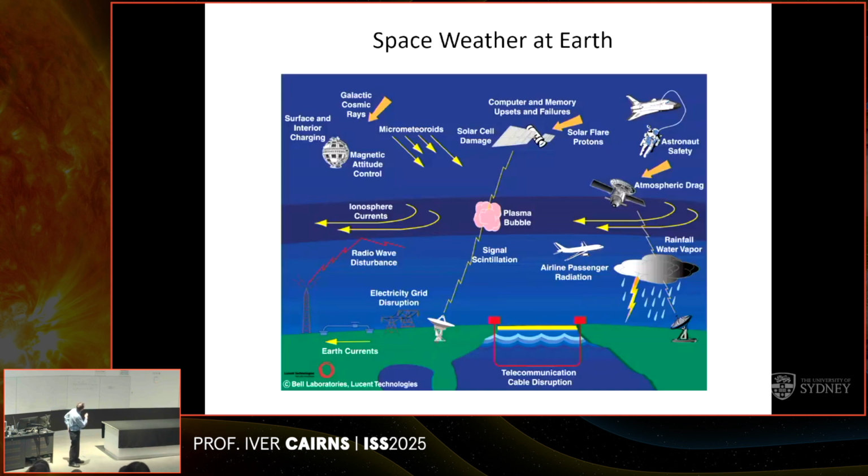So one is energetic particles, whether they are galactic cosmic rays or just particles coming from the sun, so solar flare protons. They can hit, for instance, an astronaut, and the cells or the DNA in the astronaut have particular connections between various atoms.